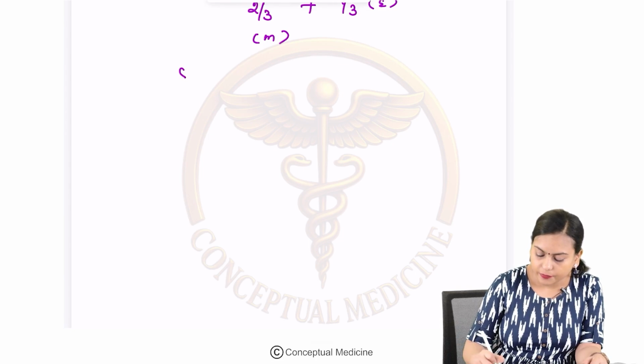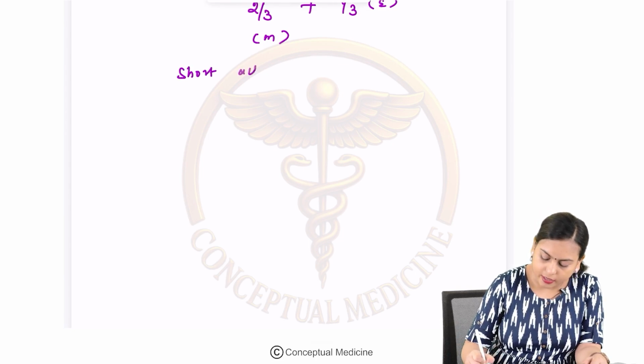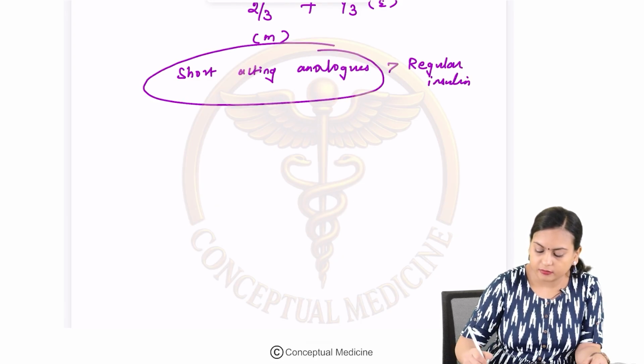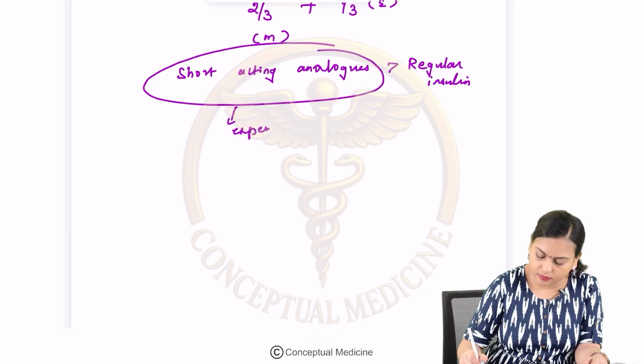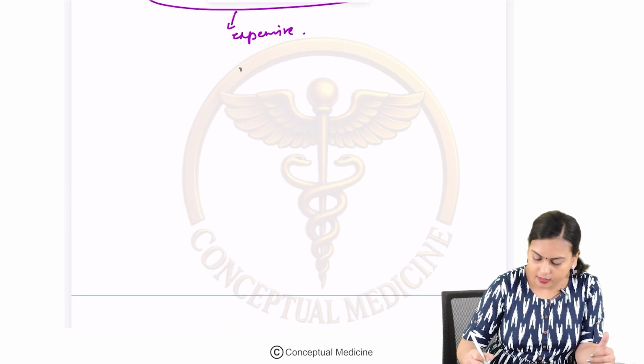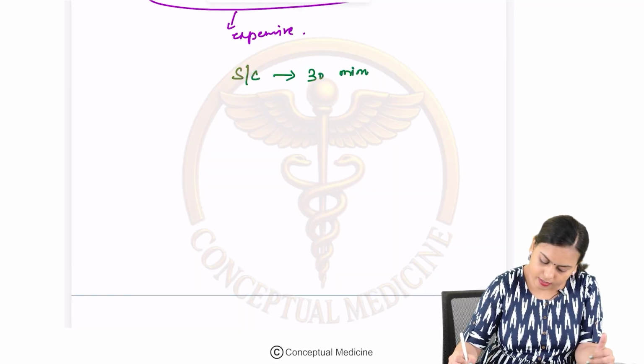So you can give short acting insulin analogs rather than regular insulin, but these are expensive. Insulin should ideally be taken by a subcutaneous dose 30 minutes before food.